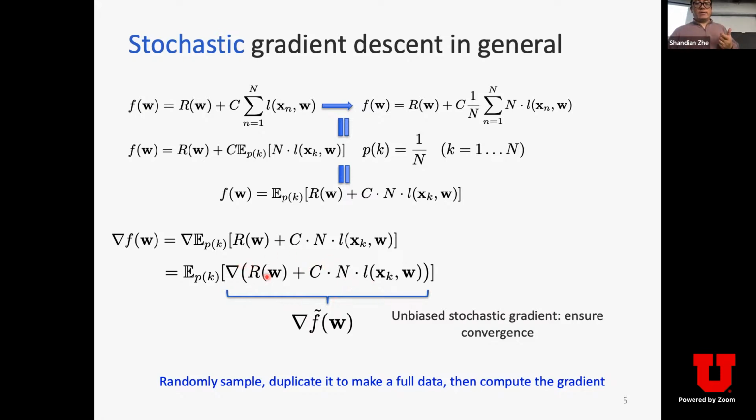Then you construct your stochastic objective, then take the gradient. In this way, you can guarantee that your stochastic gradient is an unbiased estimate.